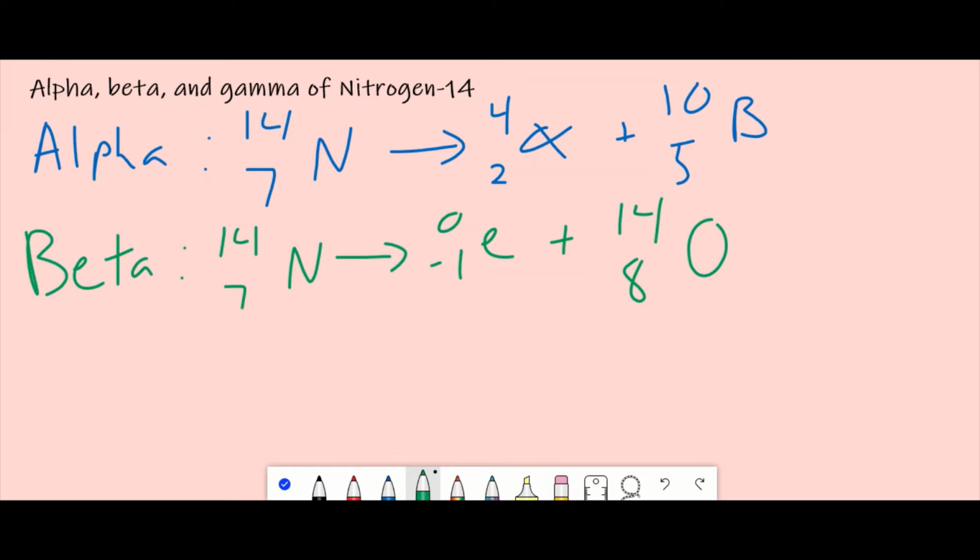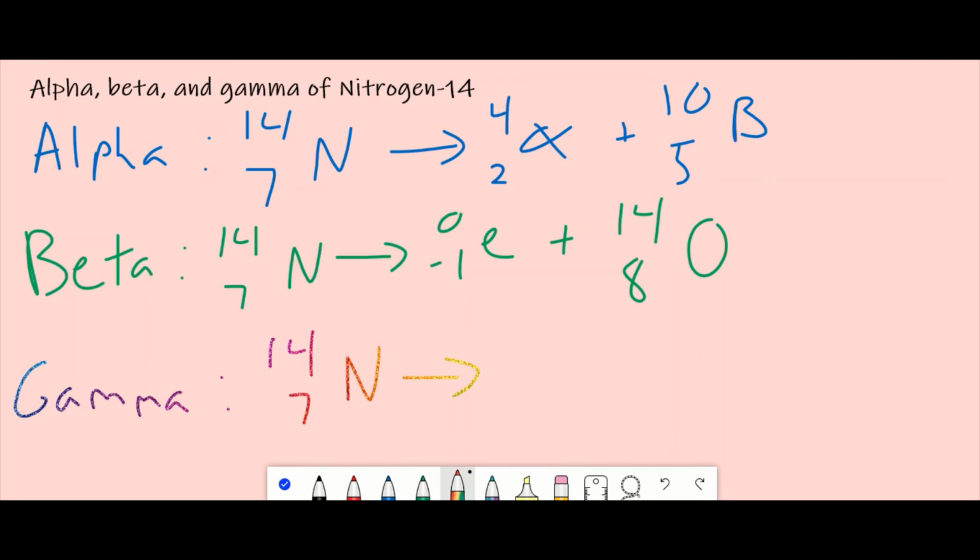Now we're going to do the gamma emission of nitrogen 14. Let me change this to my gamma rainbow. So gamma. We're going to start off with this 14, 7 nitrogen.